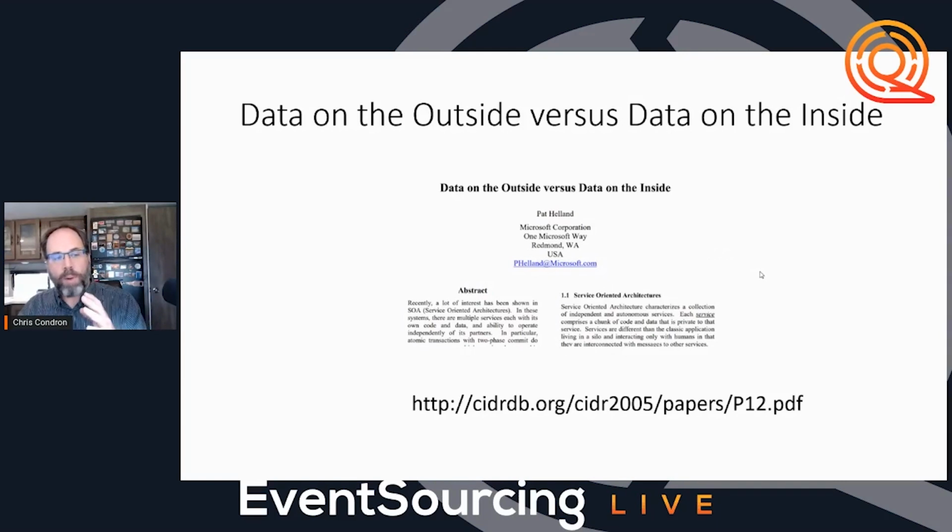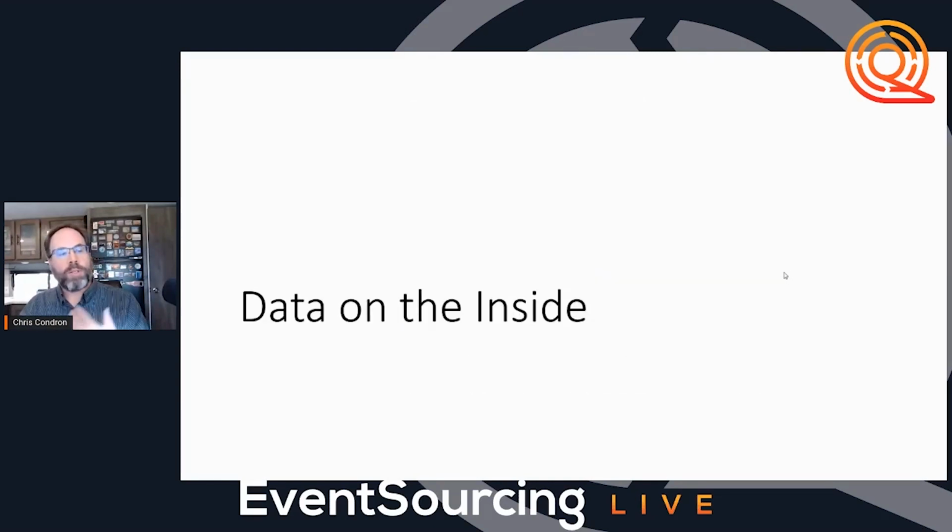I would heavily recommend everyone to go and read it, do their own research. If you just search for data on the outside versus data on the inside, it'll pop right up. There's a link there to a PDF for the paper. It's readily available. So I'm going to start by defining data on the inside, and then we're going to talk about the real question about data on the outside and the separation that requires.